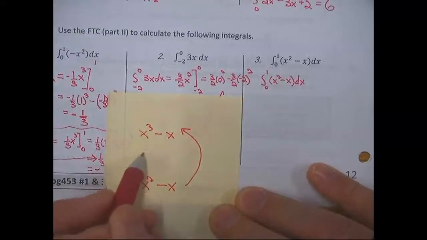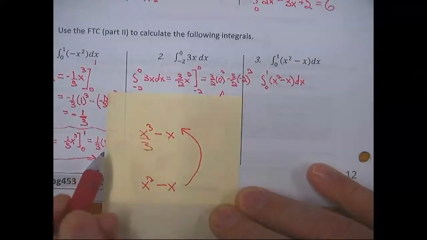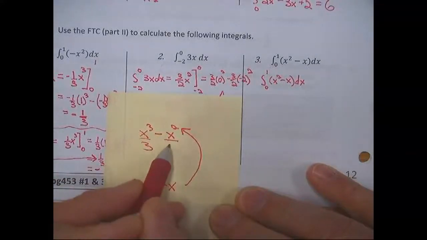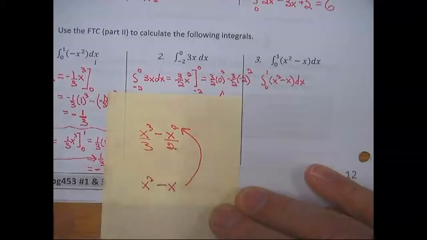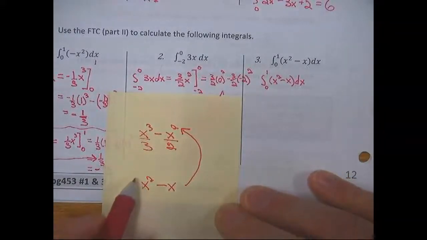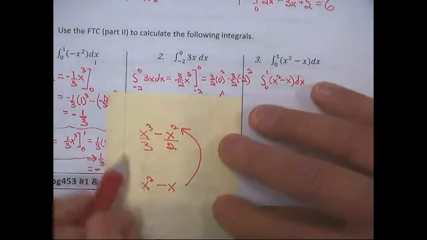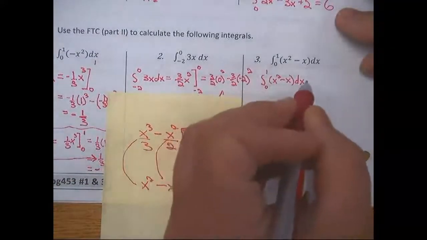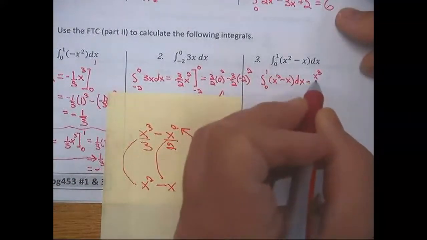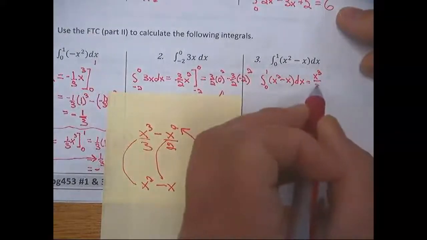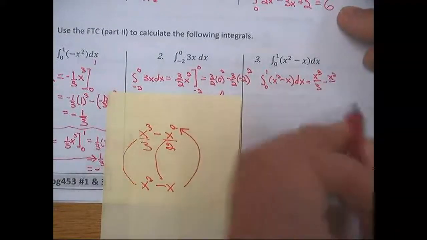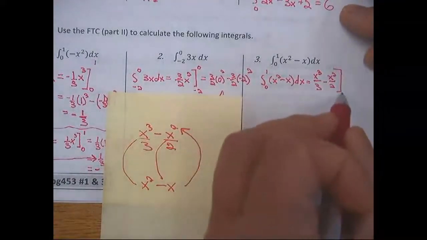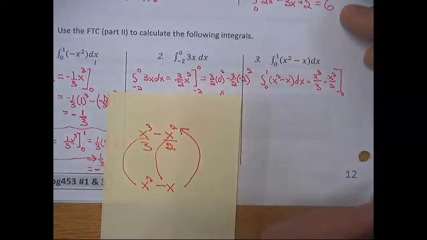And then the other one would be 1/2 x squared, or x squared over 2. Yeah, same thing, right. Okay, and you don't have to do anything to those. If you did the derivatives, you'd get each of those. So we got x cubed over 3 minus x squared over 2, and where are we going from 0 to 1?